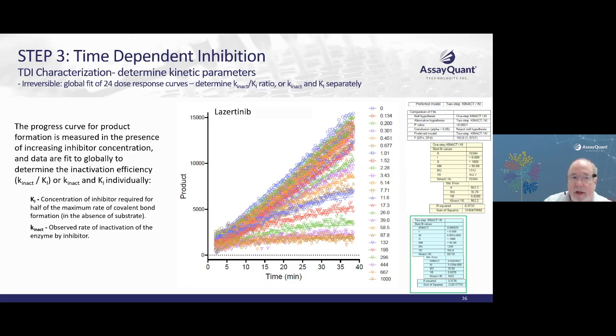It's actually half maximal of the covalent bond formation, whereas the K inact is the maximal rate of inactivation by that inhibitor. Okay, and so what we do with this is we do a 24-point, 1.5-fold dilution series, and we plot all of those progress curves at once, and we do a global fit to this, and that gives us a whole wealth of information.